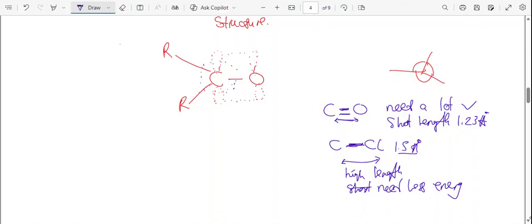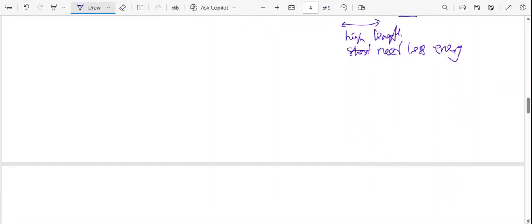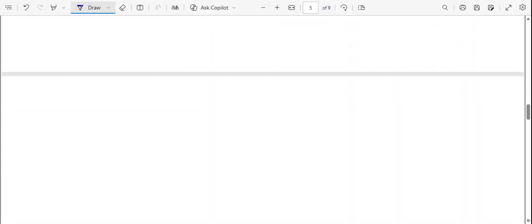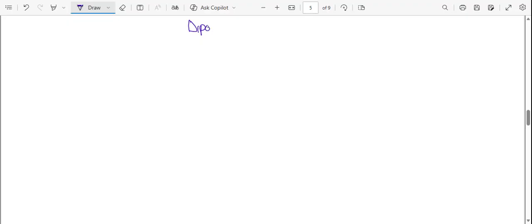So this actually concludes to what we call the dipole moment that exists in these two bonds. All right. And I will demonstrate again the dipole moment of ketones and aldehydes.